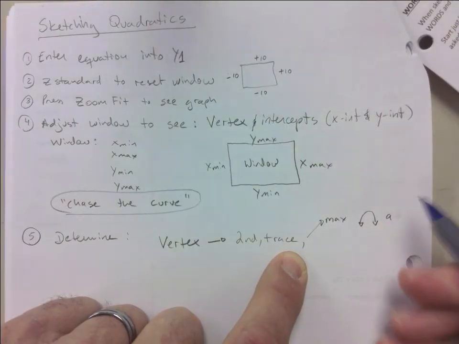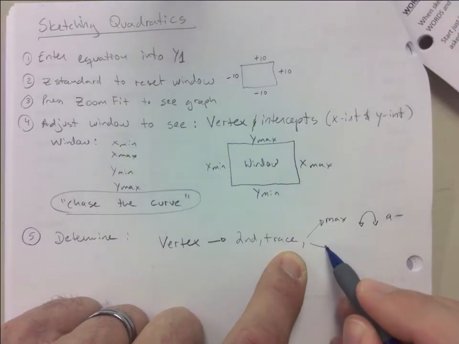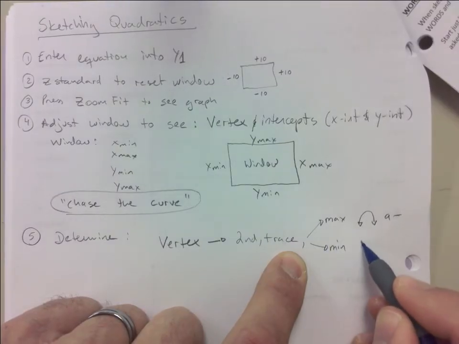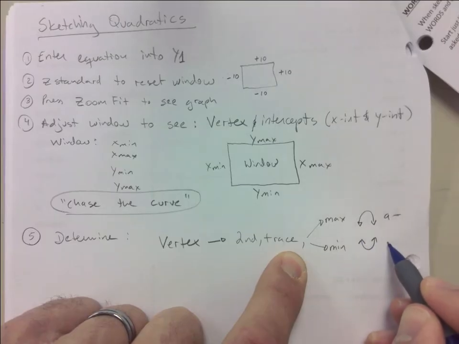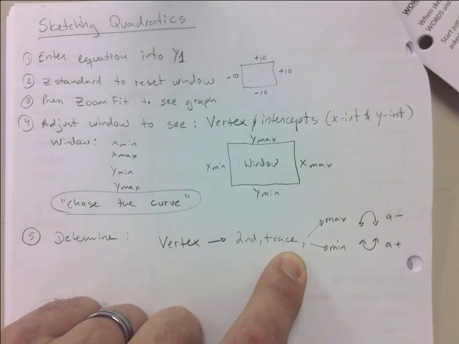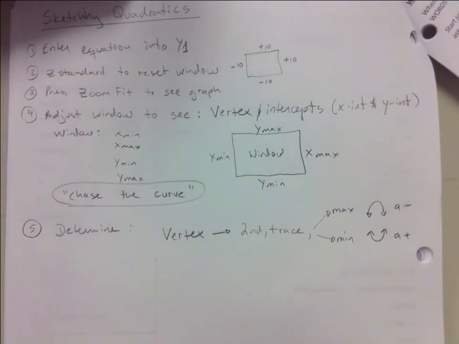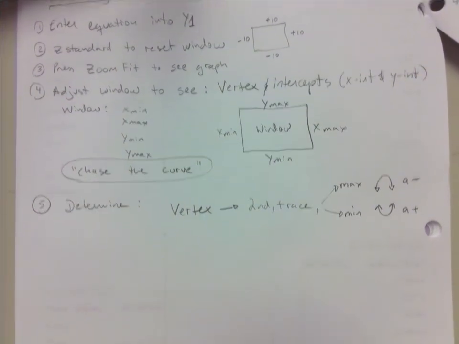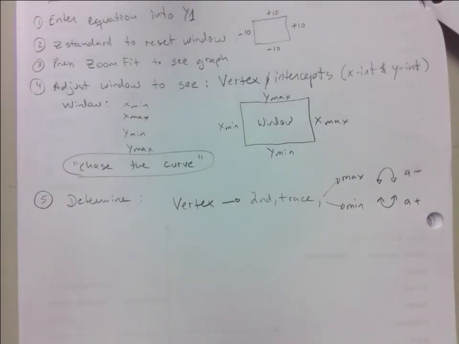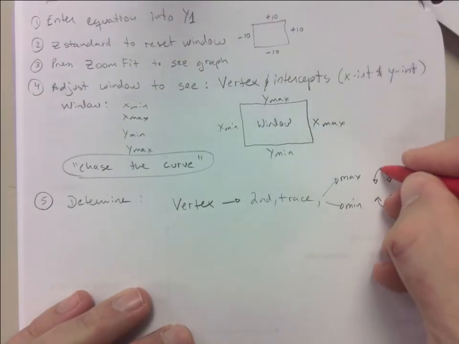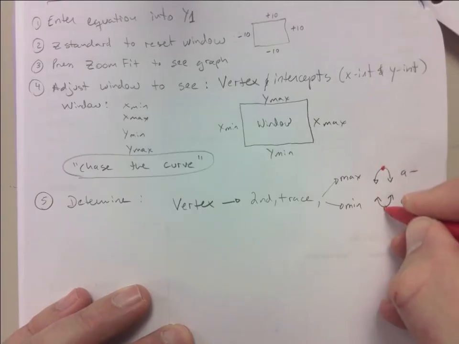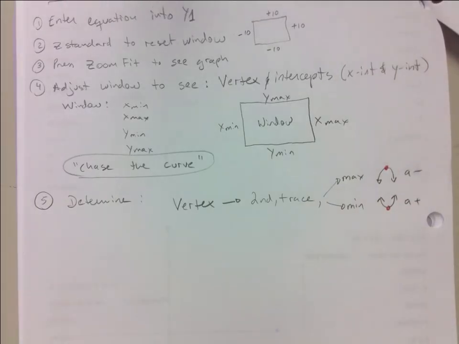That's wrong, right? A is negative. You would press min if A is positive. I'm going to use a red or something different to just make sure you understand the vertex is this, right? You want the coordinates of the red dot. And coordinates means it has an x component and a y component. Okay?